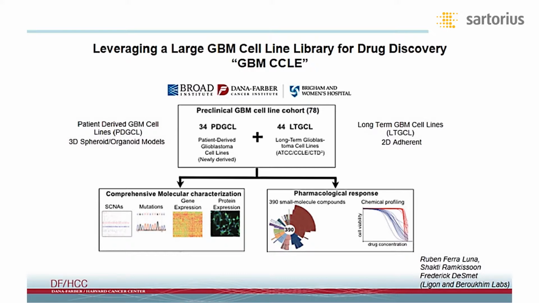So we entered a subset of our cell lines that we had generated a number of years ago. 34 of these patient-derived long-term growth lines that are the newer three-dimensional spheroid-type organoid models, combined those with existing data from cell lines from ATCC for glioblastoma and other sources, and had 44 of those that have been previously profiled in the CCLE effort, and made a larger GBM CCLE effort, which now totaled 78 glioblastoma cell lines of different types, and performed comprehensive molecular characterization of copy number, whole exome sequencing, gene expression, and protein expression in order to integrate that with response to about 380 drugs, small molecule compounds applied to those, and responses were measured by CellTiter-Glo in a standard profiling type effort.